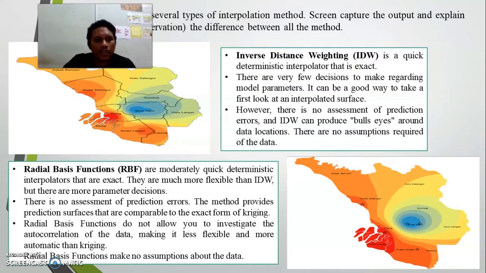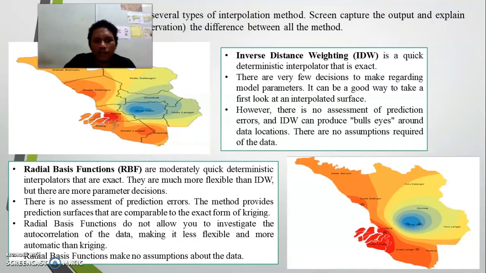And then the second one is the radial basis function, RBF, which is a moderately quick deterministic interpolator that is exact. So they are much more flexible than IDW, but there are no parameter decisions. There is also no assessment of prediction error, and the method provides prediction surfaces that are comparable to the exact form of kriging.